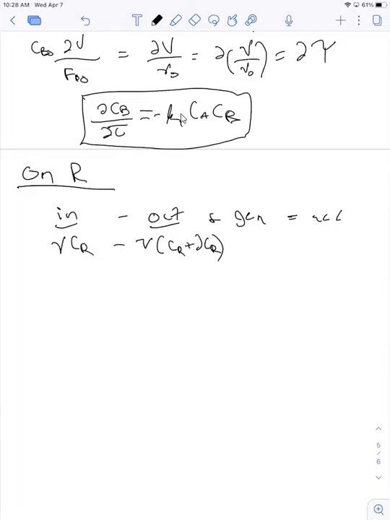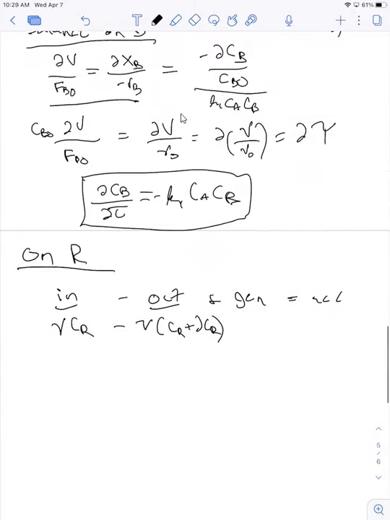I guess then how come we don't just start with the design equation for R? I mean, you can. I think the reason I'm not doing it is because we're going to want to get this tau.